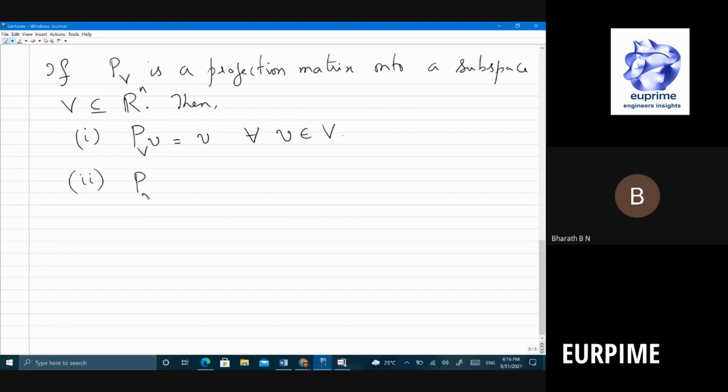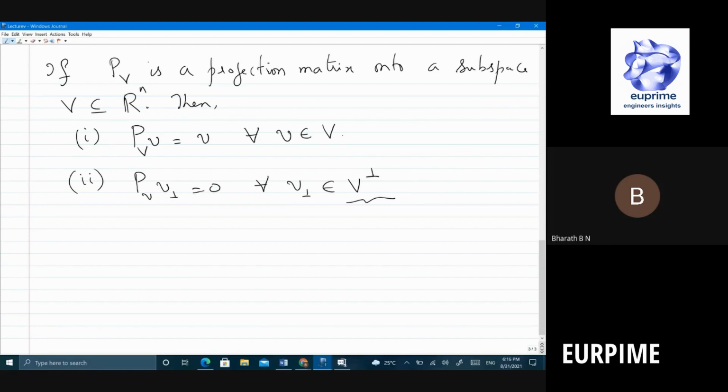So PV of v perp should be equal to 0 for all v perp belonging to V orthogonal. This symbol means all those vectors orthogonal to the vectors in V. It's called the orthogonal subspace, right? I had defined this earlier. Okay, this is a general property.